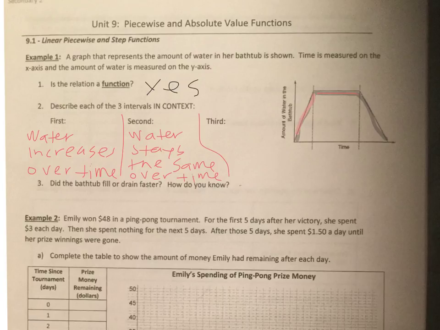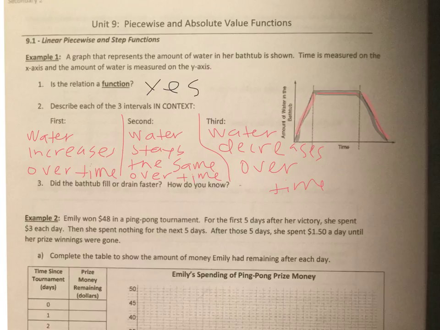And the third piece, you will notice that the tub is emptying, and so the amount of water is going down over time. So we would say water decreases over time.